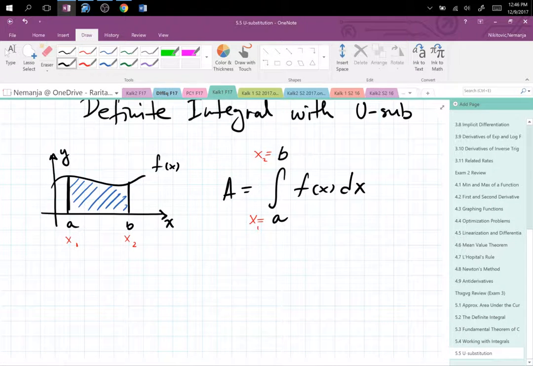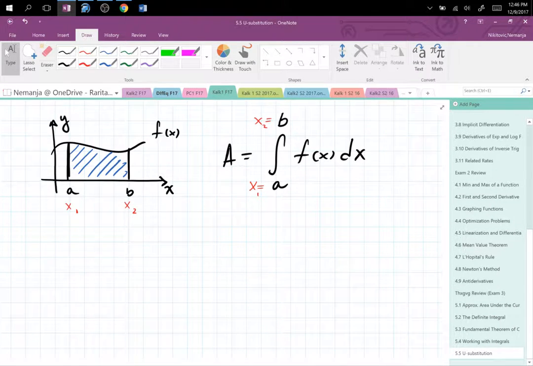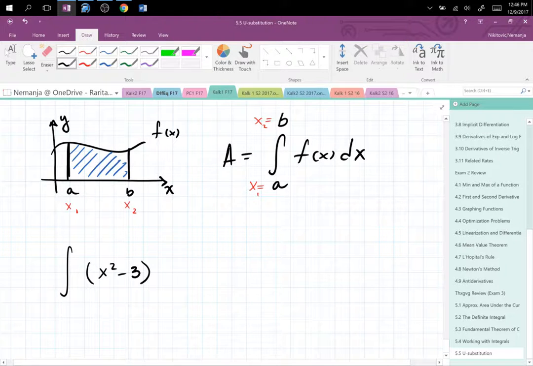I'm going to give you the most simple example we can think of. Say you have the integral of x squared minus 3 and everything cubed from 0 to 2 dx.